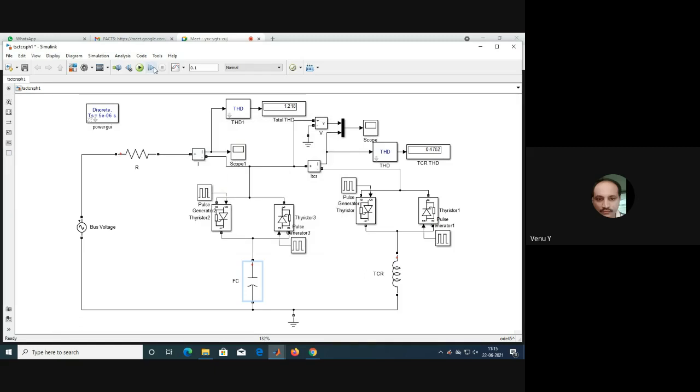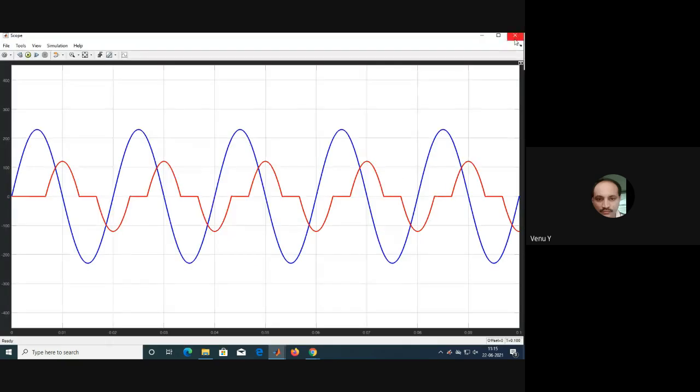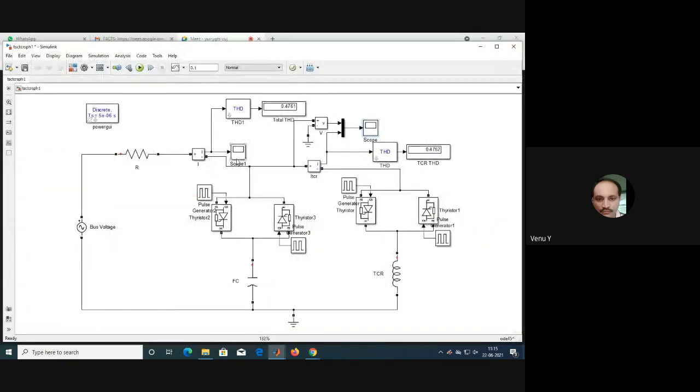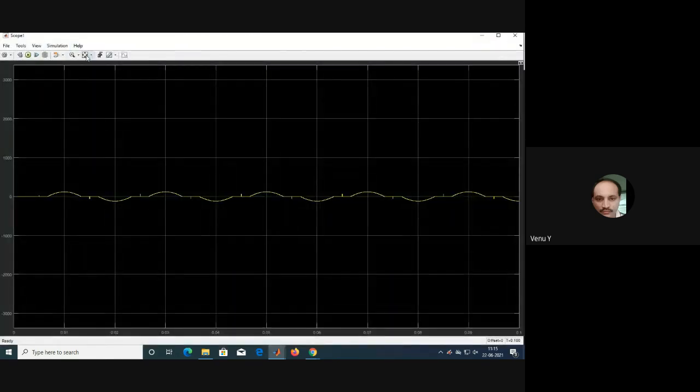Let us look at this figure with a different value. Now 47.52. This waveform is the same. This waveform has changed now.